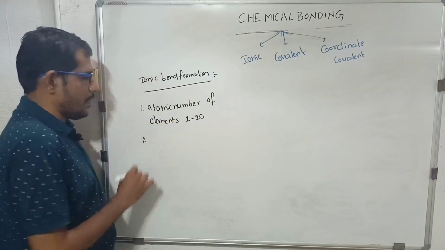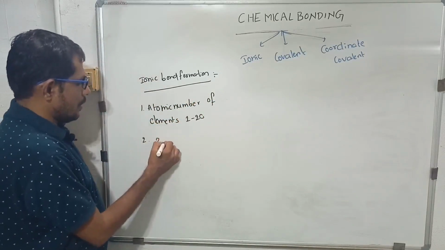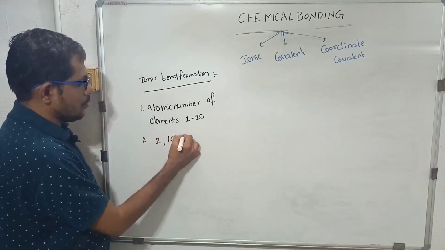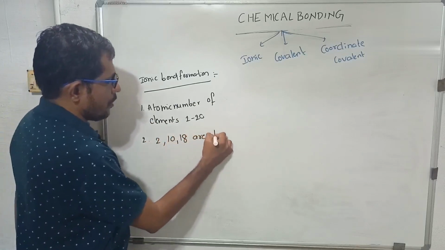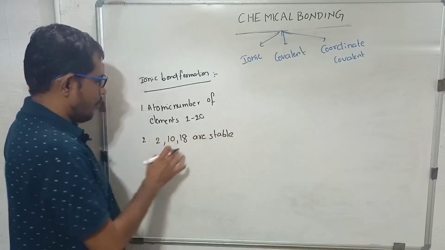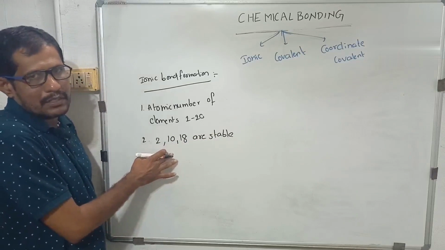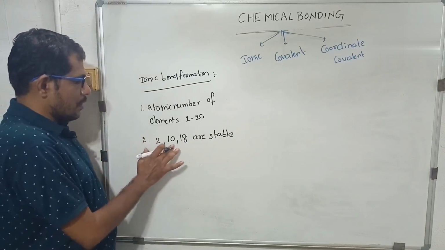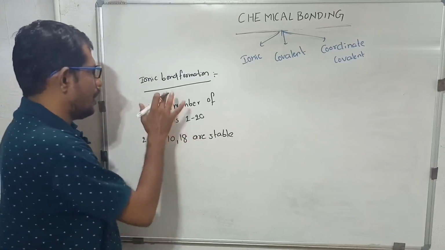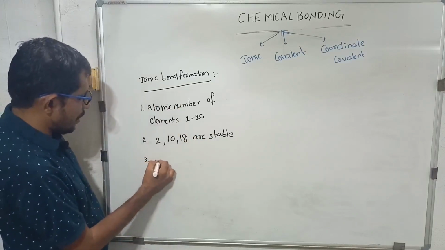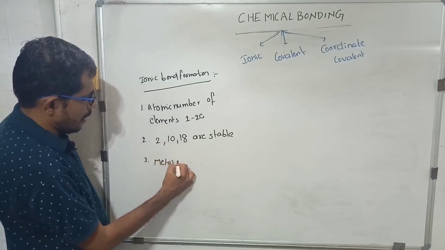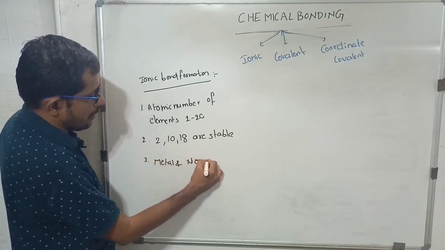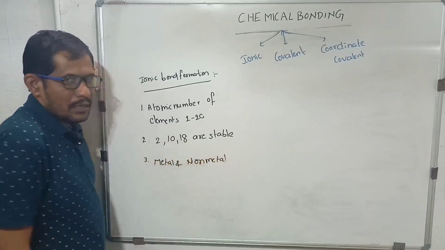The second point you need to know is that the electronic configurations 2, 10, 18 are stable. I will explain this. Now remember that electronic configurations 2, 10, 18 are stable, and an ionic bond happens between a metal and a non-metal.